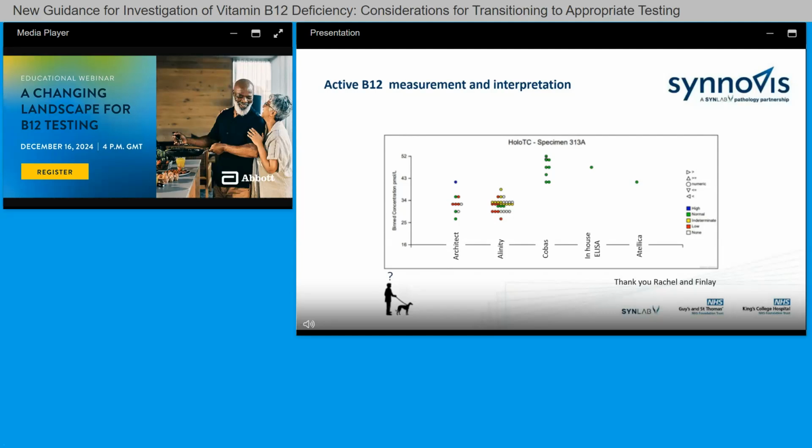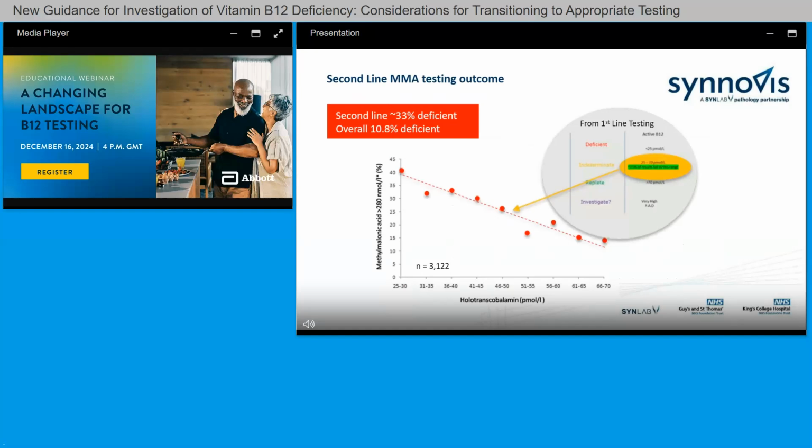But actually we do know from the literature that at that concentration of holotranscobalamin, about a quarter of those aliquots, if we were to measure methylmalonic acid, would show an elevation in the concentration of MMA, which is an indication of functional B12 deficiency. And in fact, there's a nice relationship between the concentration of holotranscobalamin and the likelihood of having an increased MMA.